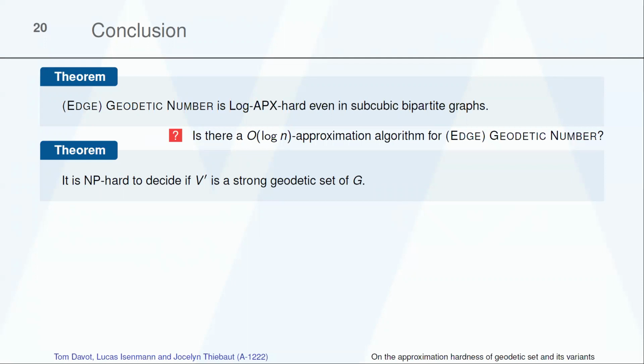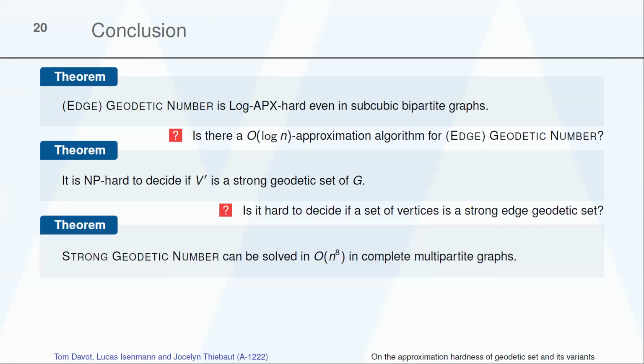We also proved that it was NP-hard to know if a given set was a strong geodetic set of a graph, and now we can ask ourselves if it's true for the edge version of the problem. And finally, we gave this algorithm in complete multipartite graphs, and it seems fair to think that it may be possible to do better than this, which was absolutely not the idea of this algorithm at first.